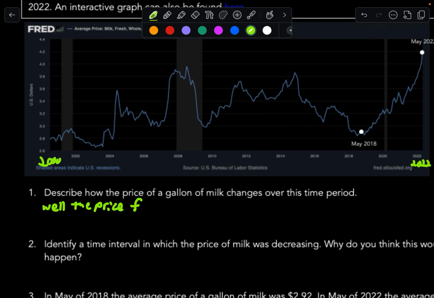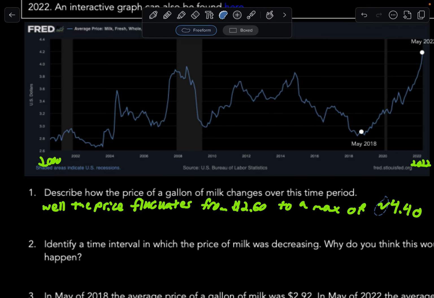Big word, college level word, from let's say a min of roughly, what is that, about $2.60 a gallon, to a max of roughly, let's just say about $4.40 a gallon. All right.